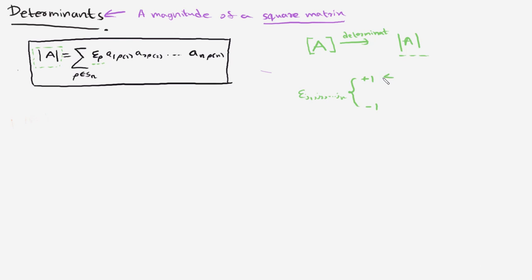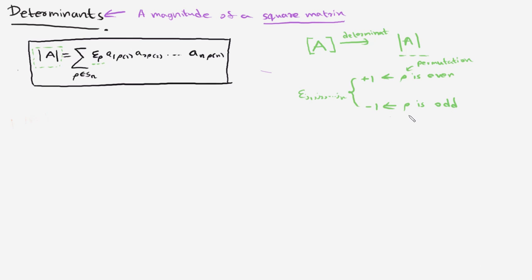So this plus 1 will be generated if the permutation is even. The permutation is denoted by rho. And if the permutation is odd, then the corresponding epsilon sign will be minus 1.